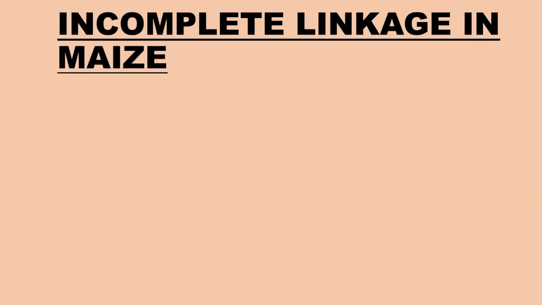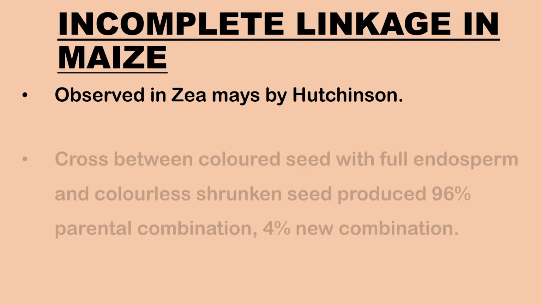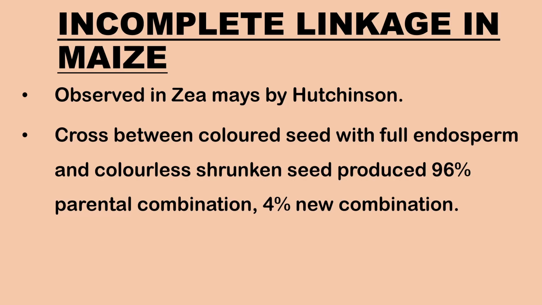Incomplete linkage is also seen in maize. Incomplete linkage between the alleles for color and shape of Zea maize seed was observed by Hutchinson. A cross between colored seed with full endosperm and colorless shrunken seed resulted in 96% parental combination and 4% new combination.